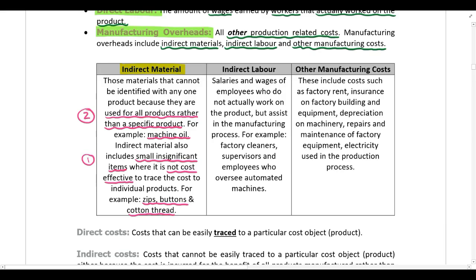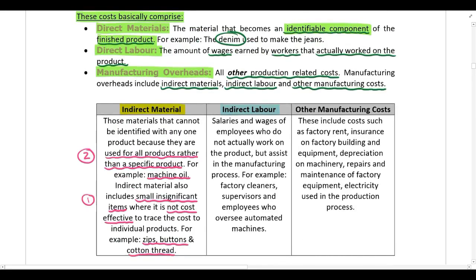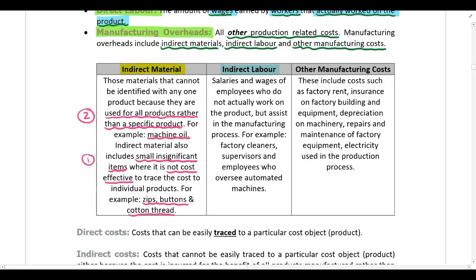Then what is indirect labor? Please remember, direct labor is the wages earned by the workers that actually work on the product. So the people who are actually sitting at the sewing machines making the denim jeans. On the other hand, indirect labor still relates to employees that are working in the factory, however, they are not actually working on the product.